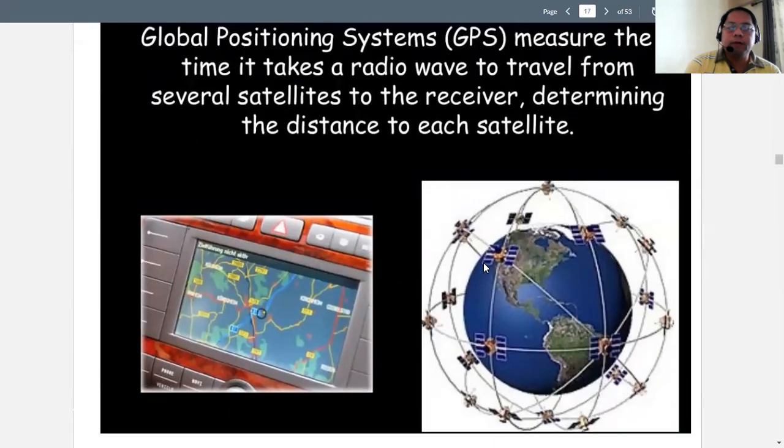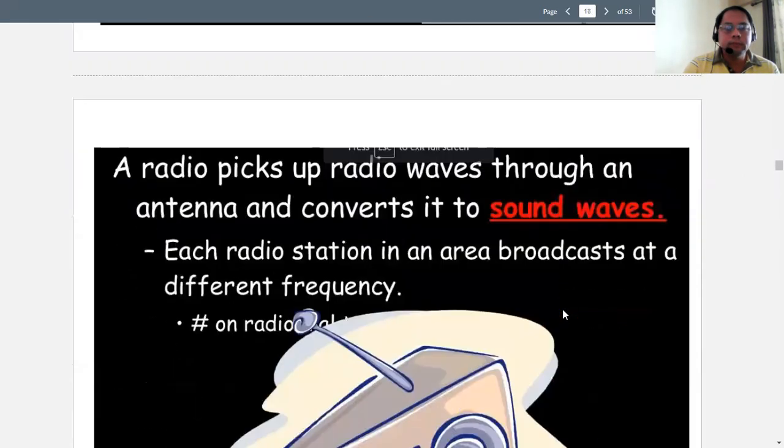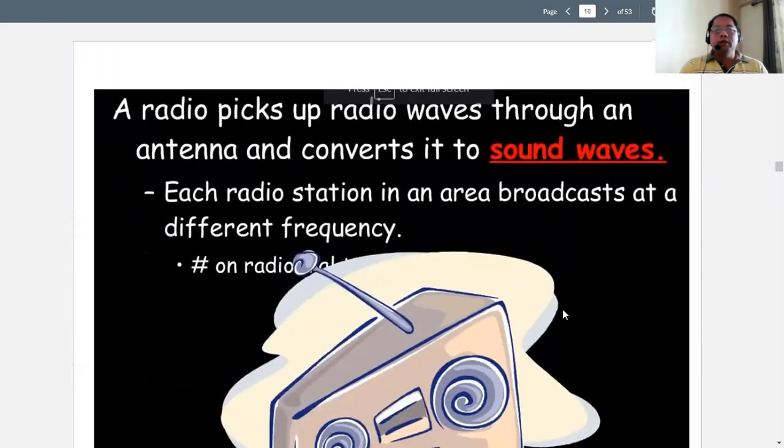So GPS probably would use this. So global positioning system. So for your radio, so we kind of pick up the radio waves kun, of course, kun aton nga i-tune ang aton radio to match the resonant frequency of the broadcasting wave.